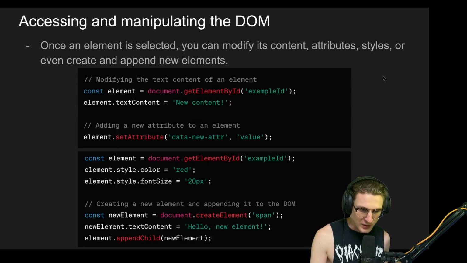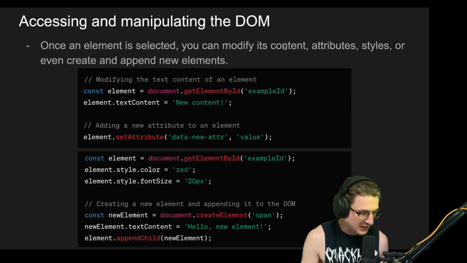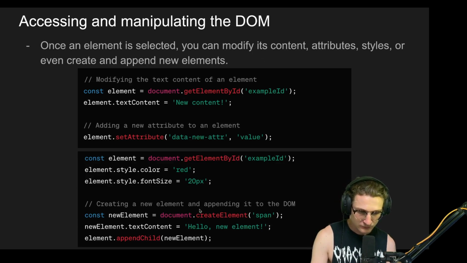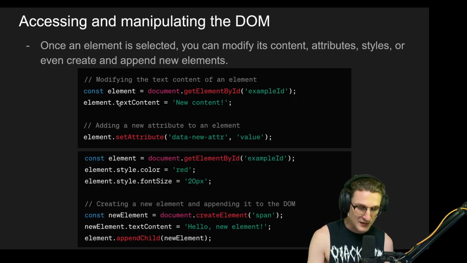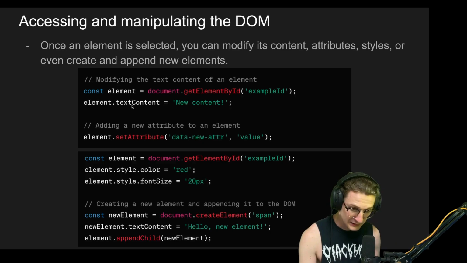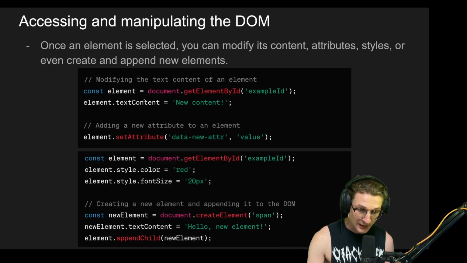Cool. So once an element is selected, you can modify its contents, attributes, styles, or even create and append new elements. Okay, so here in this first example, we're getting an element by ID, maybe it's some div, and then we're able to say .textContent, right? There's something else that's provided to us after we grab this element from the document.